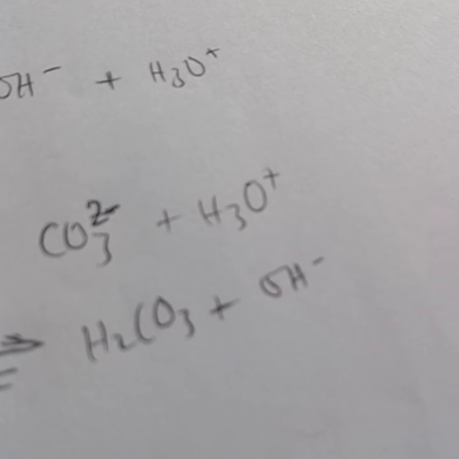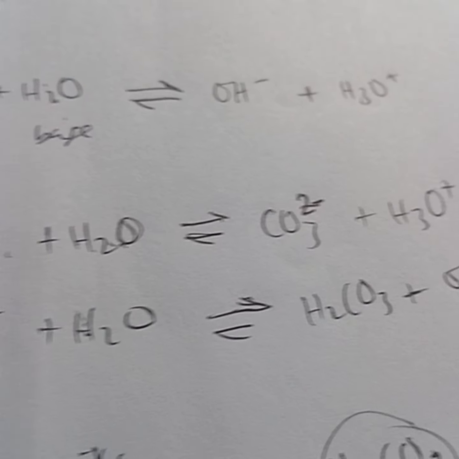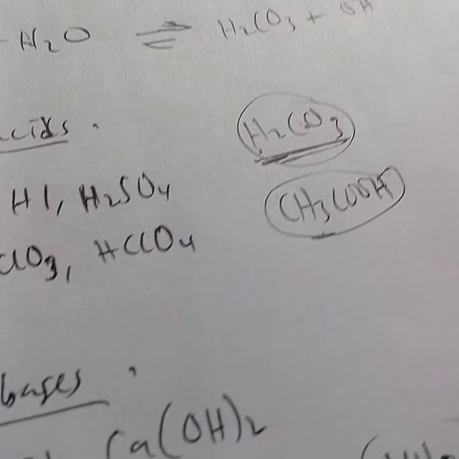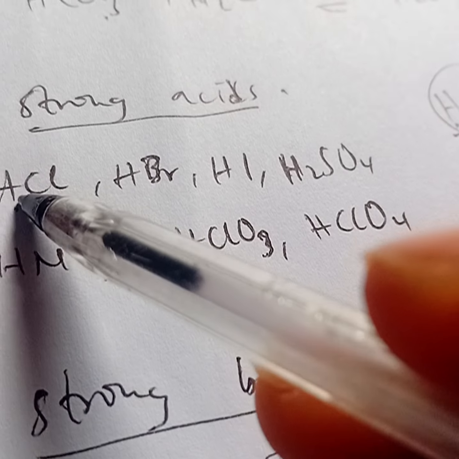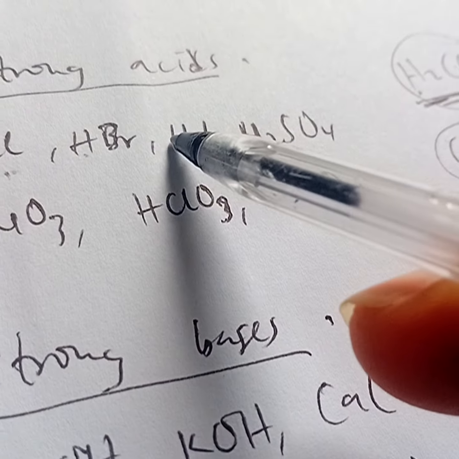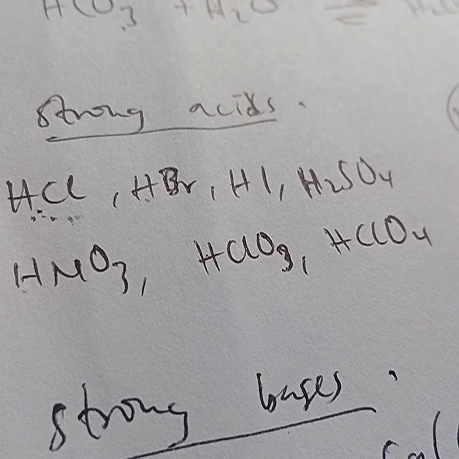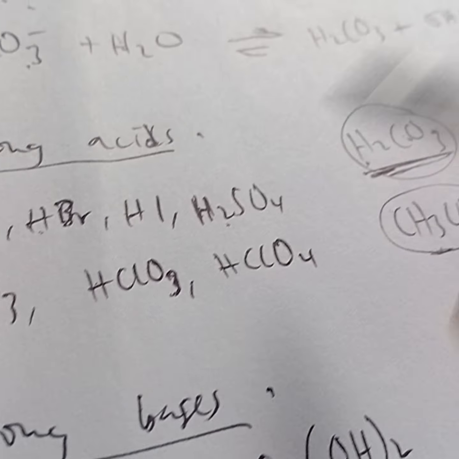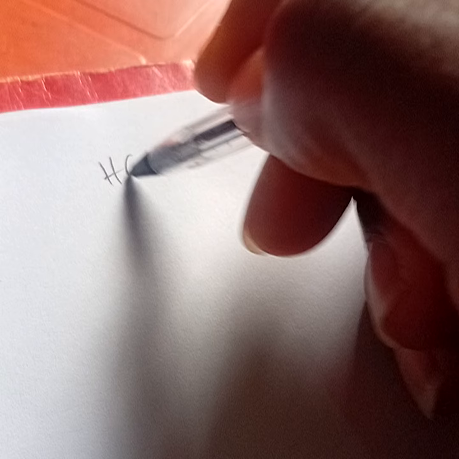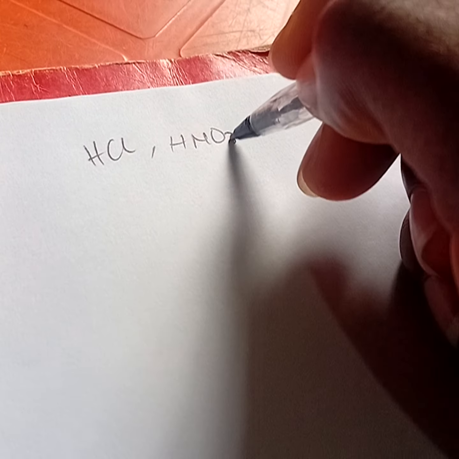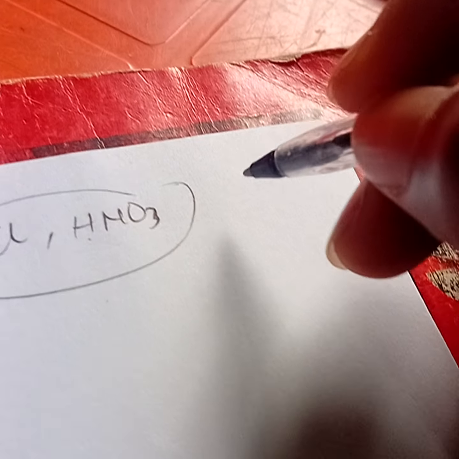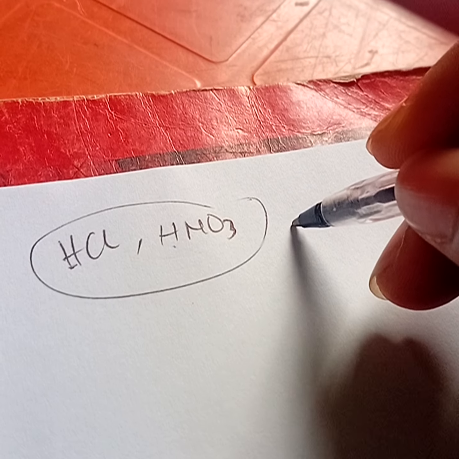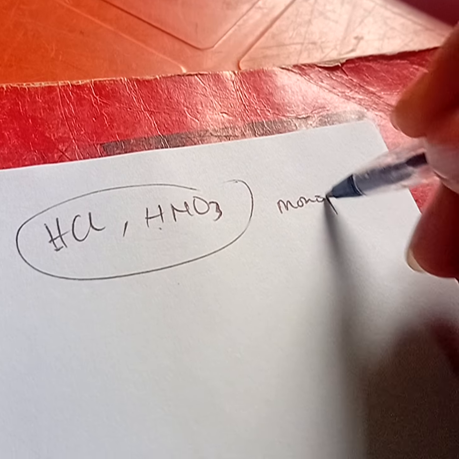All right. So let's look at these acids. HCl has one proton, as you can see. HNO3 also has one hydrogen. But look at H2SO4. Because HCl and HNO3 have one proton, or one acidic hydrogen, we say they are monoprotic.